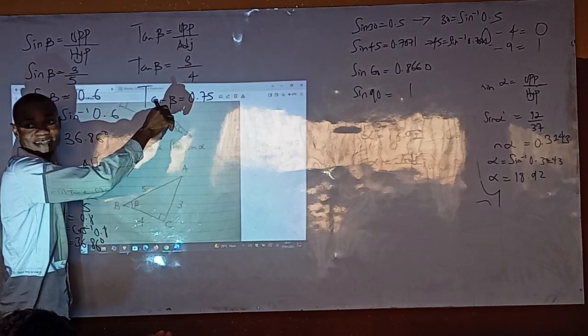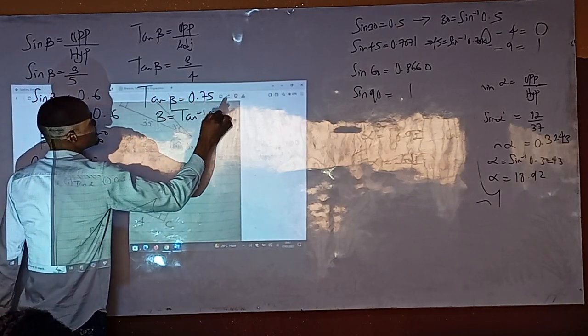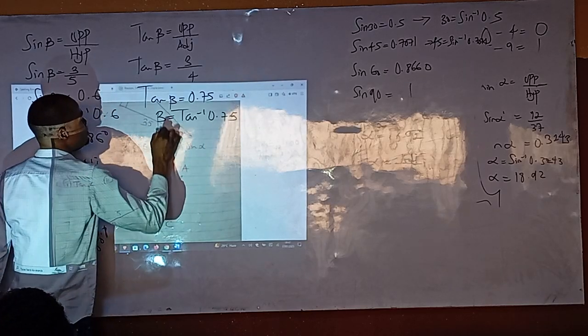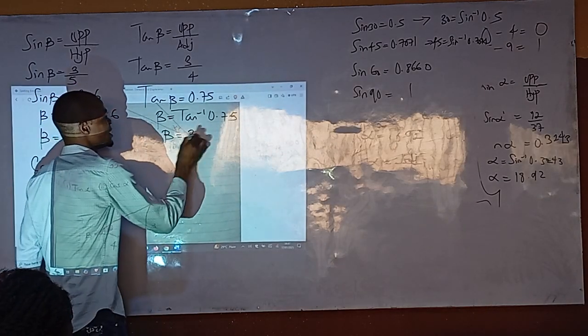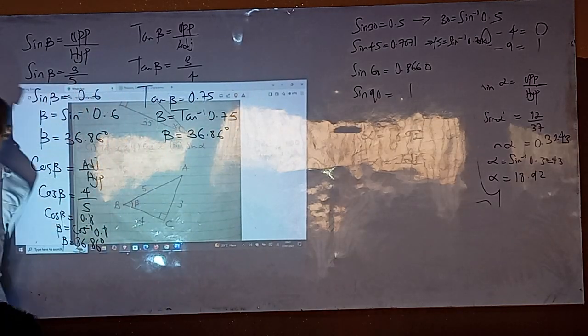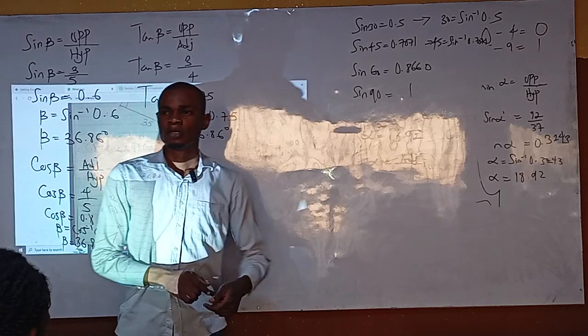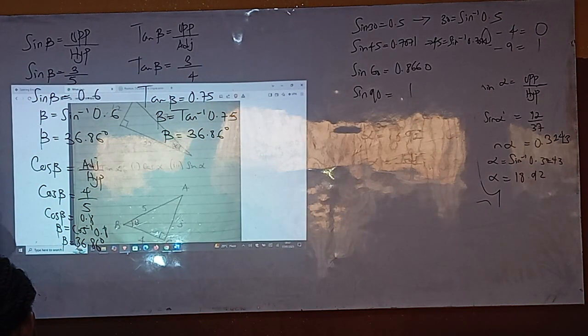Now take tan to the other side, right? Now beta is what? Inverse tan of 0.75. Shift and tan. There is 36.86 degrees. Can you say I got the exact value? So that's it.